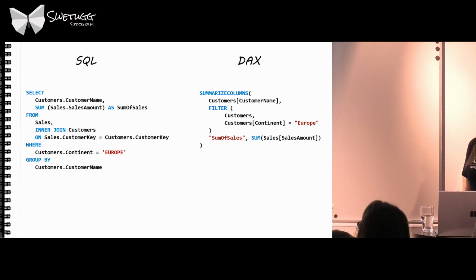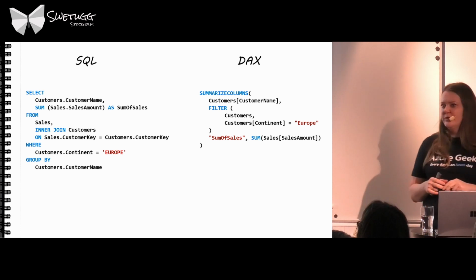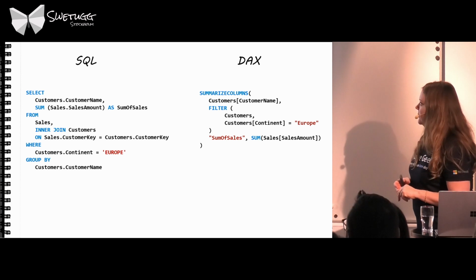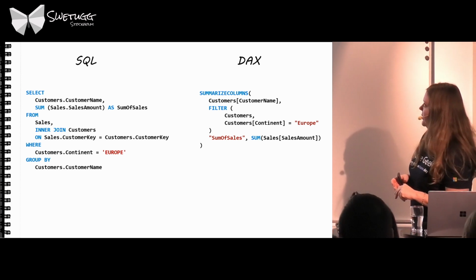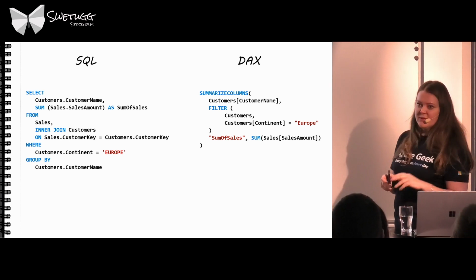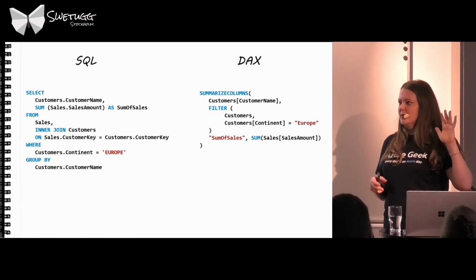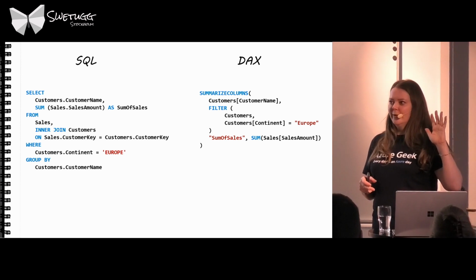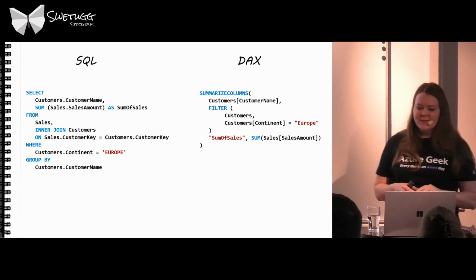And to program in Power BI, you use a very specific language, which is also used in Analysis Services and Excel pivot tables. It's called DAX. Anyone familiar with DAX? No one, nice. And DAX is tricky.